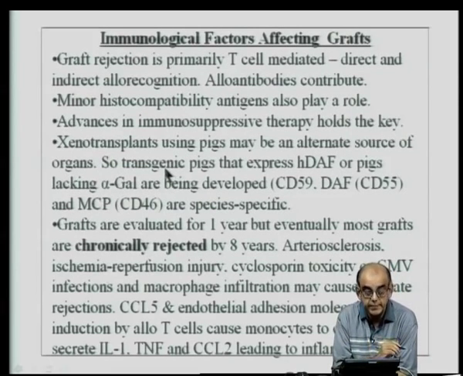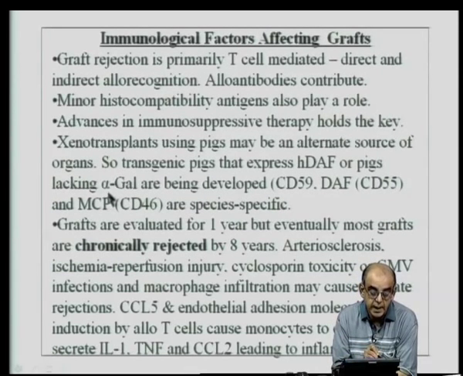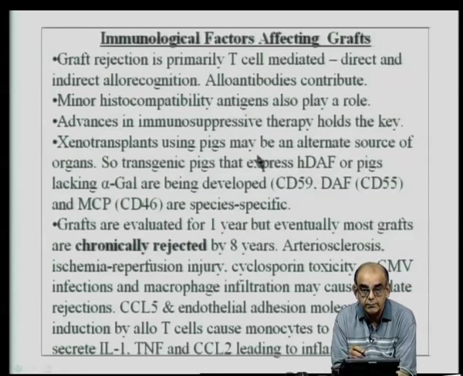So, transgenic pigs that express human decay accelerating factor, or pigs lacking alpha gal, are being developed in order to see how these different kinds of organs can be used in human transplantation, because in humans antibodies prevail against these alpha gal moieties, and therefore, they prevent these organs from the pigs being used.